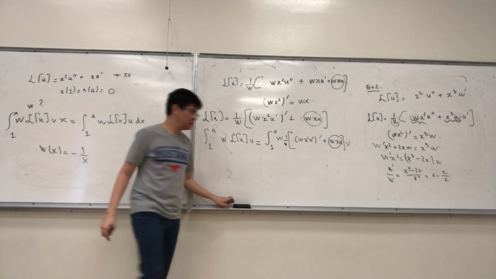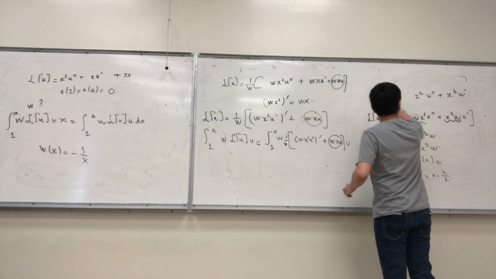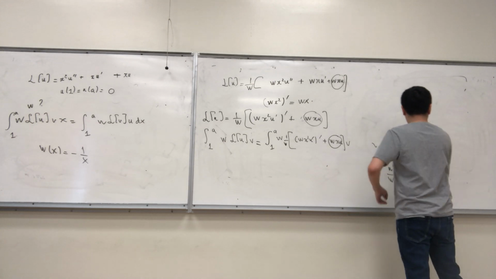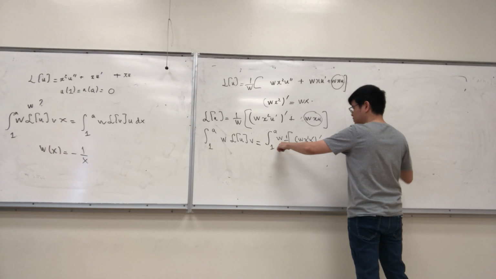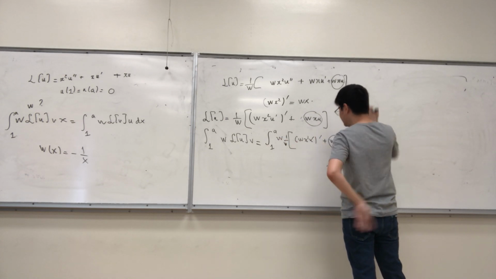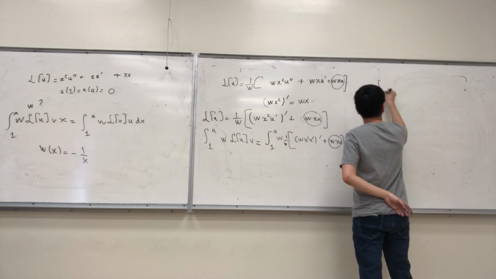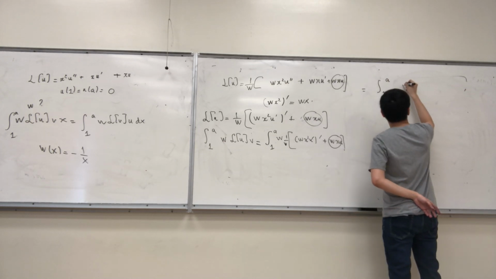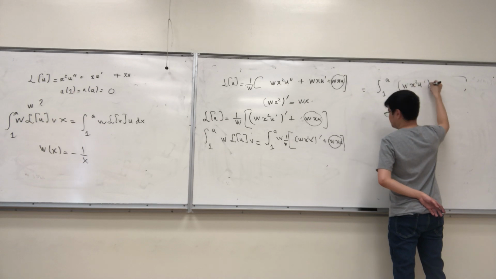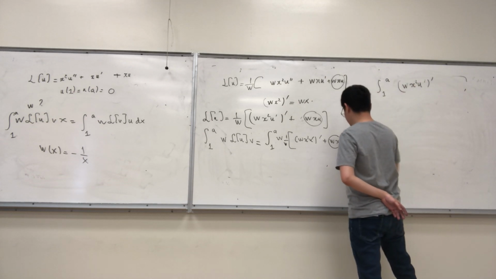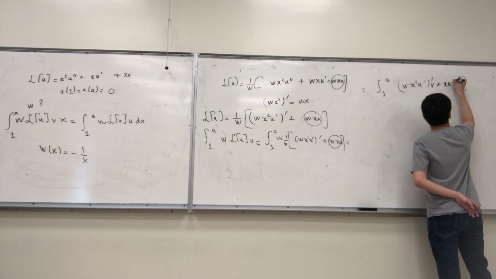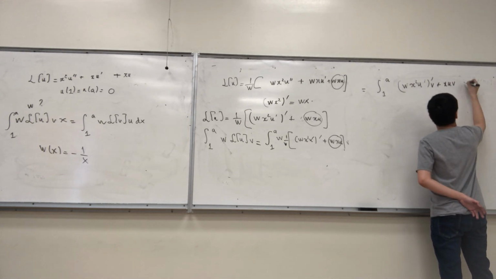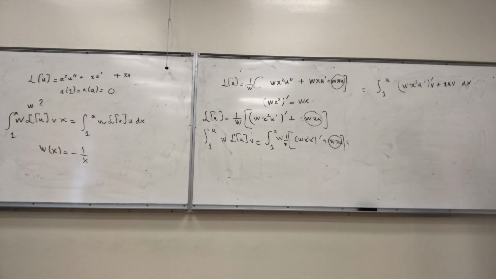Now I multiply w with Lu, so this w goes away with 1 over w. So you have the integral from 1 to a of (w x squared u')' v plus w x u v.